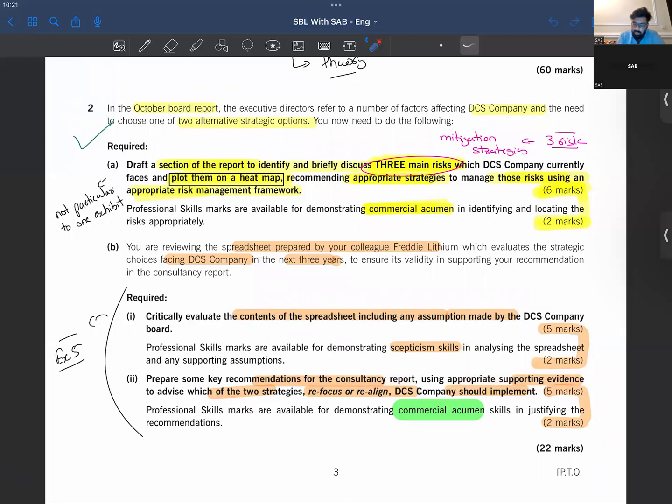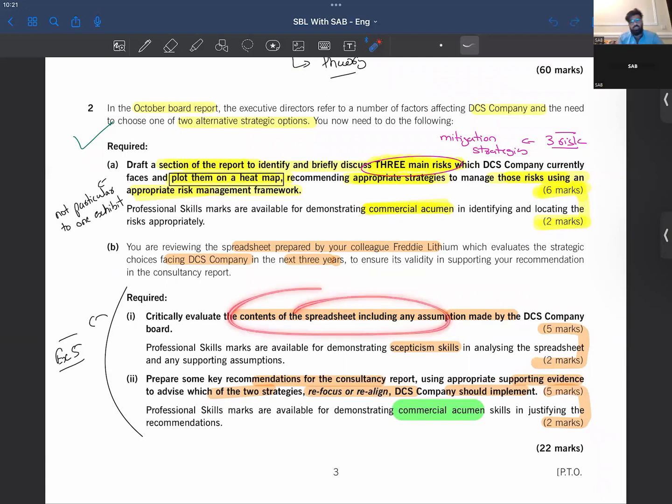That's skepticism and commercial acumen. Now skepticism, I would say, is very easy to be applied, right? Even if the examiner had not written skepticism here, we would automatically have applied it. Why, sir?